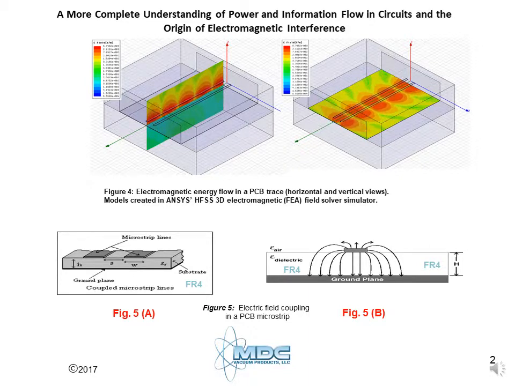The field has been projected onto a vertical plane along the center of the trace and onto the ground plane so that we can see how the strength of the field varies. As we move away from the trace, the field strength, indicated by color, changes. The strongest field is indicated in red, and the weaker fields appear in orange, yellow, green, and so on.